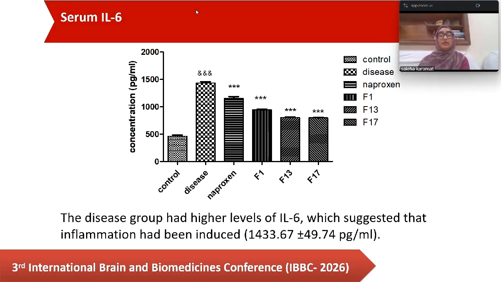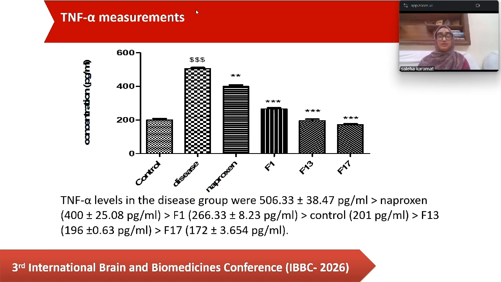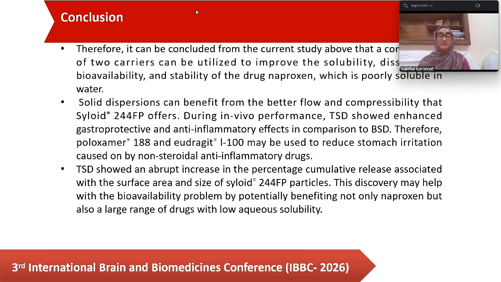The serum interleukin 6, which is the biomarker, shows that the disease group induces the inflammation, and in formulations F17 and F13 the inflammation is reduced. In the TNF alpha measurement, it also shows that the inflammation is reduced in formulations F13 and F17.